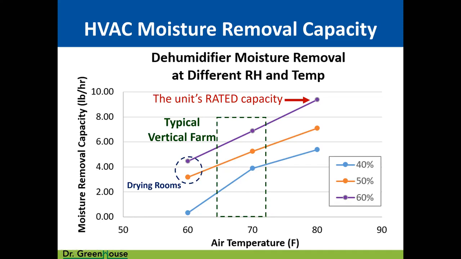You're like, oh, I need to remove 18 pounds per hour. I need 2 units. No, you don't. You need 3 because you're actually growing at 70 degrees and 60%. Or, no, you don't. You need 4 because you're growing at 70 and 40% relative humidity. God, I really hope none of you are growing at that condition.